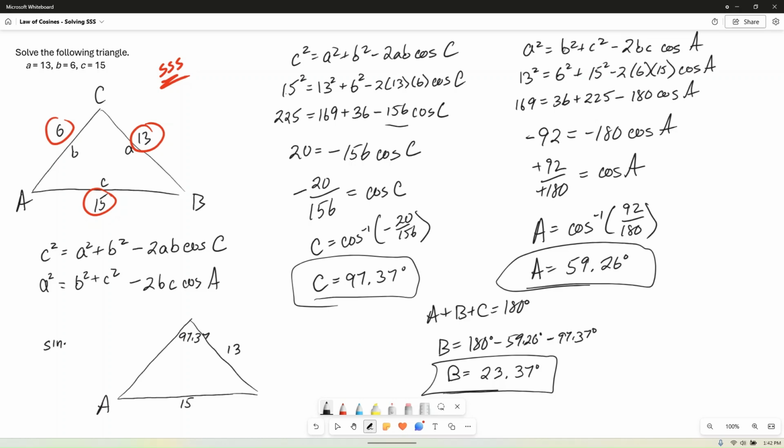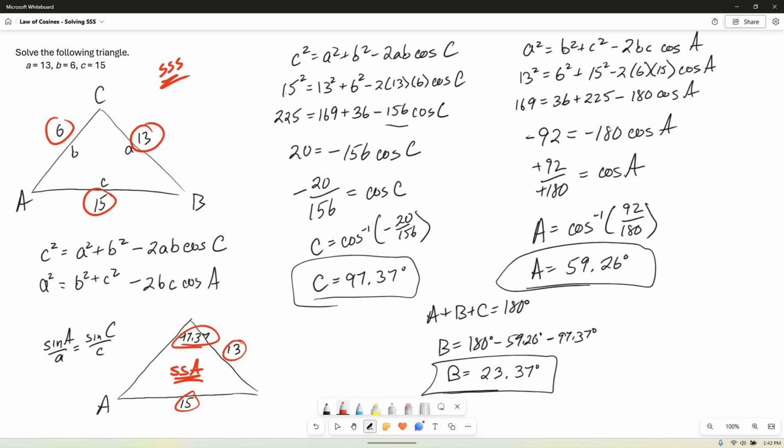Because we'd have to do sine of A over A is equal to the sine of C over C. If you look at the information that we have right here, that would be using two sides and the angle that's not between the two sides. That means you're starting to look at a side-side-angle situation. We don't want to do that.